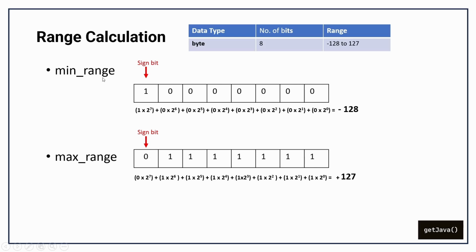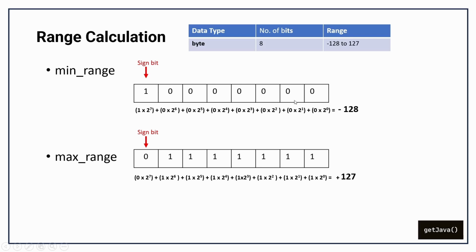Since we are calculating the min range, we keep it 1 because it's negative 128. And for positive 127, we will have 0. So the leftmost bit represents whether it is negative or positive.